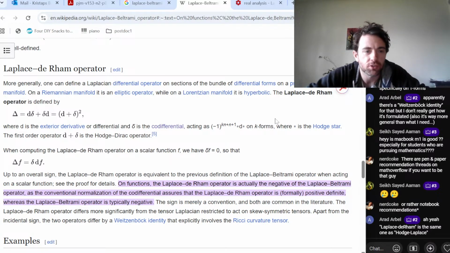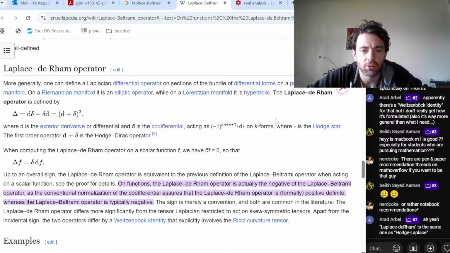Laplace de Rham is defined by this. When computing the Laplace de Rham operator on a scalar function, we have this. Up to an overall sign, the Laplace de Rham operator is equivalent to the previous definition of Laplace-Beltrami when acting on a scalar function.